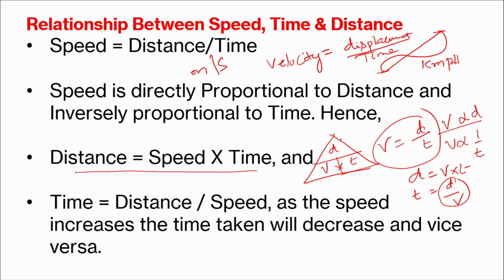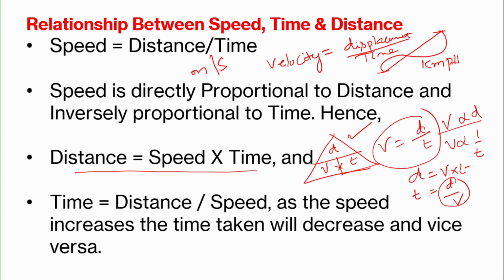So distance is velocity into time, or if you want to know time, it is distance by velocity, or velocity is distance by time. Do you understand? So you can make a triangle, and by using this triangle you can derive these three formulas: v is equal to d by t, d is equal to v into t, and t is equal to d by v.